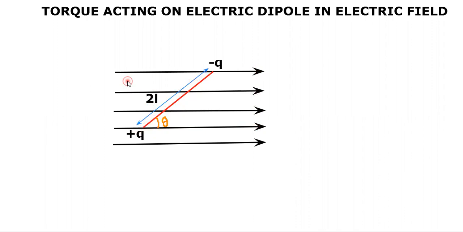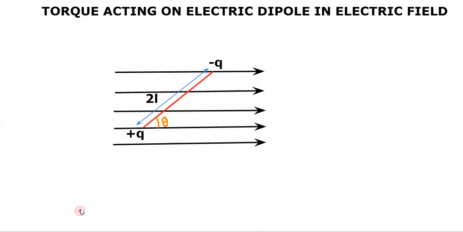See the torque, this term we learned about in class 11 last year. And what was torque? Torque was a rotating force, the force which helps to rotate something. So here also torque exists. It exists where force is applied at minus q and at plus q.